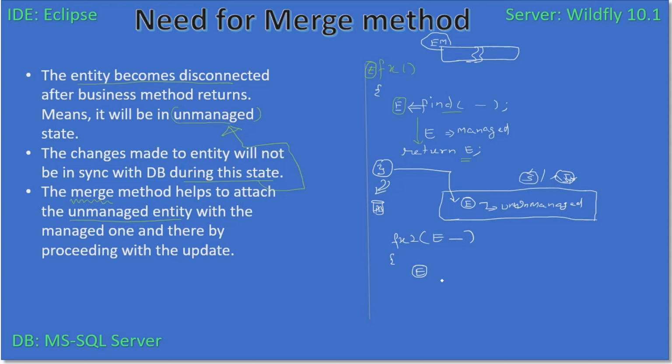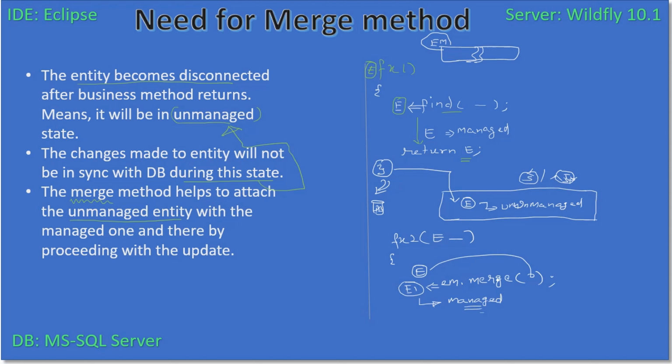To make it a managed state, what we can do is call the EntityManager.merge method. We can pass this E here, and it will return a new entity E1. So this E will still be in the unmanaged state, but the returned object E1 will be in the managed state.